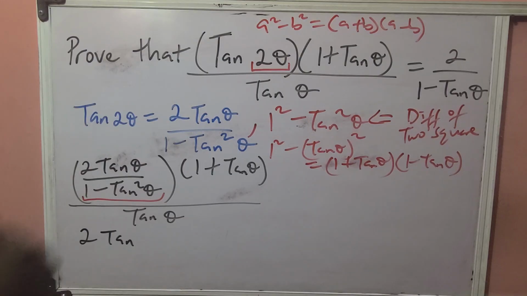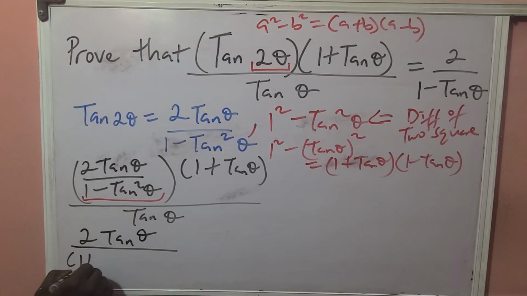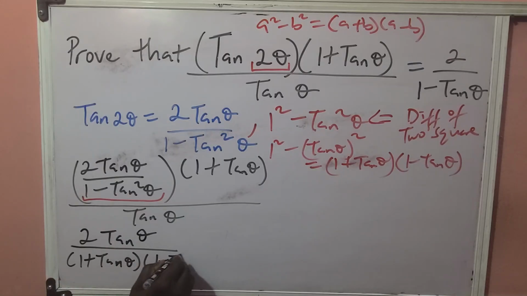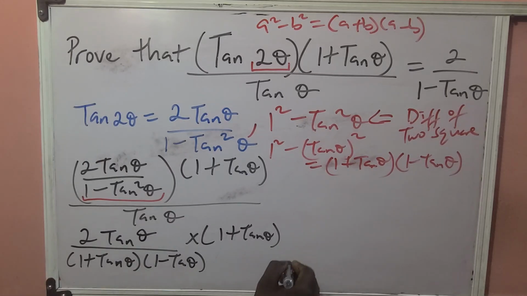So we're going to have 2 tan theta over 1 plus tan theta times 1 minus tan theta, multiplied by 1 plus tan theta, and everything will be divided by tan theta. Let's just fix that under here. Don't forget, this is the brother division here. Everything here is over tan theta.